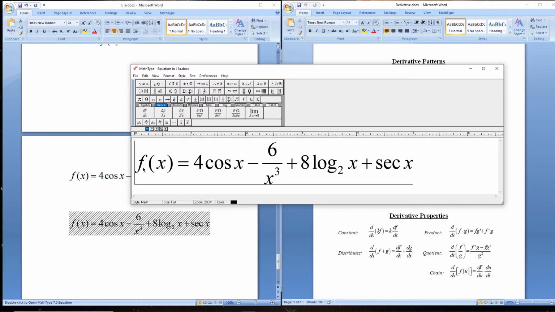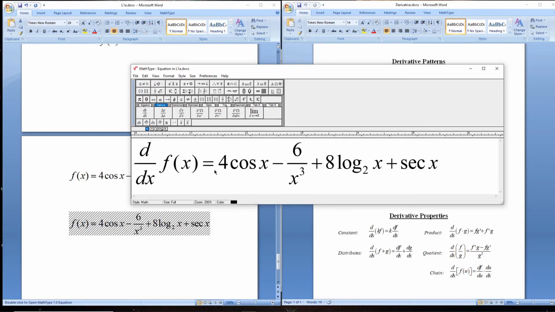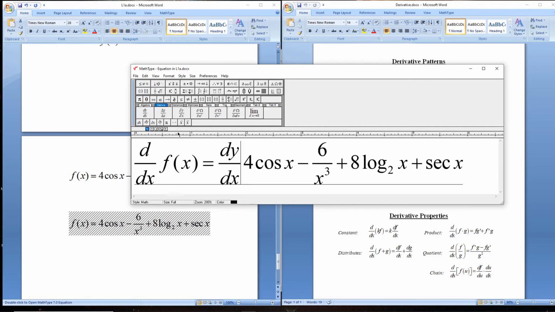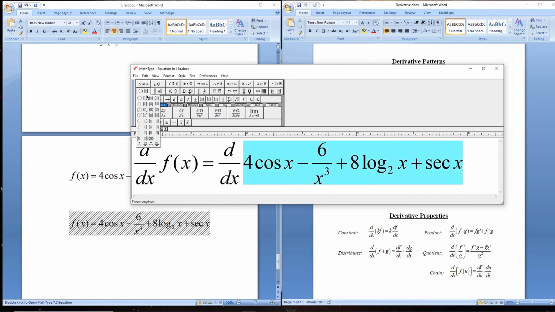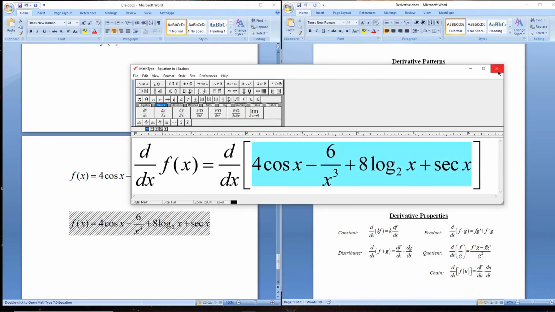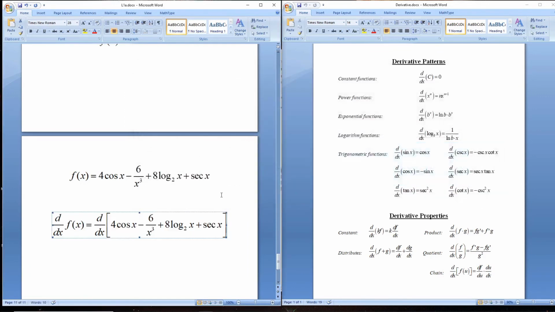So what we're going to do, what do we technically do first? What we technically do first is take the derivative of both sides. This is technically what we are doing first. And so if I was going to write this out thoroughly, this would be my first step I write out.